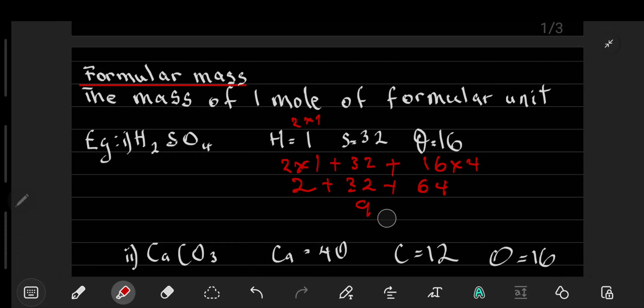Oh, sorry, 98 grams. Okay, so this is the molar mass of tetraoxosulfate 6 acid.